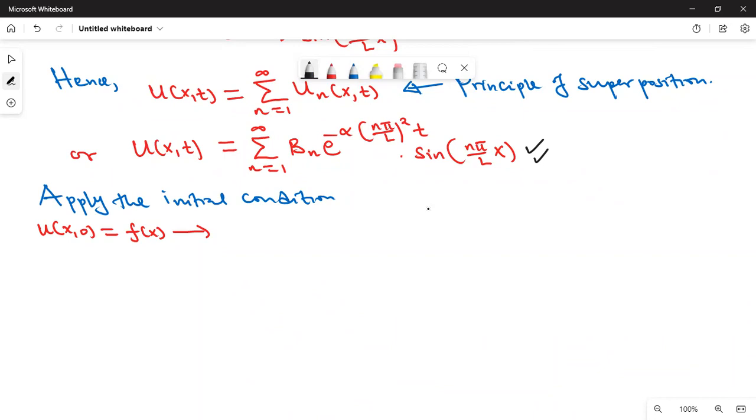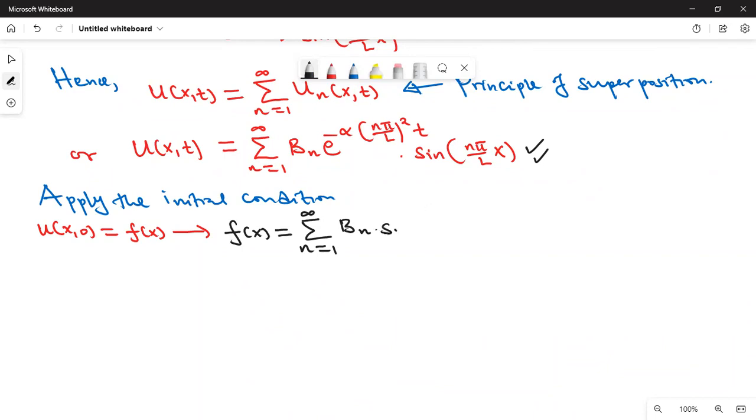So we are going to get f of x equals the sum from n equals 1 to infinity of b subscript n. Now remember t equals 0, so that will be exponential 0. Anything raised to 0 is 1, which I don't need to write.